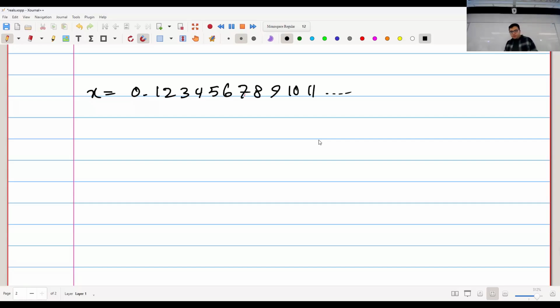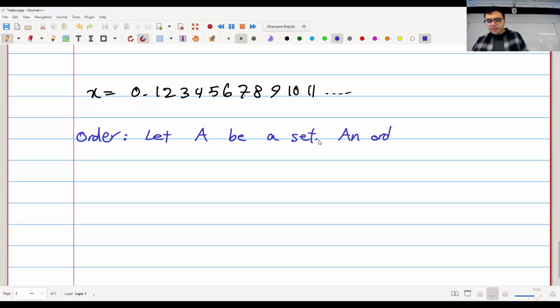But before going forward, I have to define some other things. First of all, I'm going to define the concept of an order, an ordered set, and so on. So let A be a set. An order on A is just a relation.